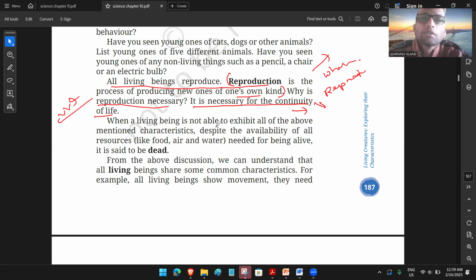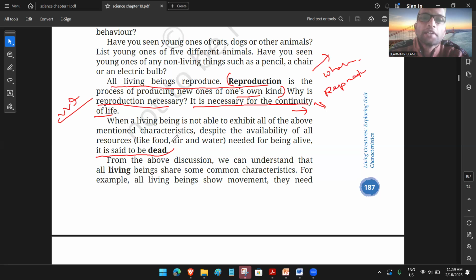When a living being is not able to exhibit all the above mentioned characteristics, despite the availability of all sources like food, air, water needed for being alive, it is said to be dead. So when is a living being said to be dead?